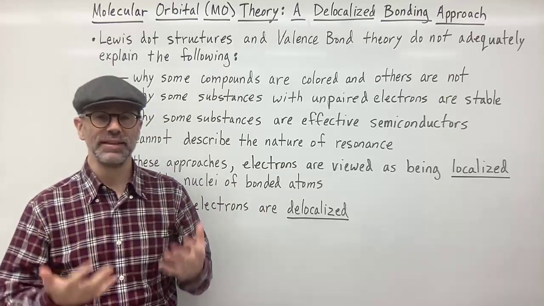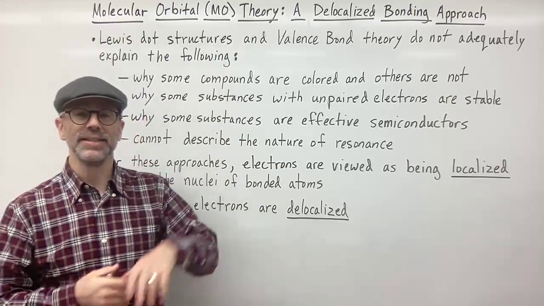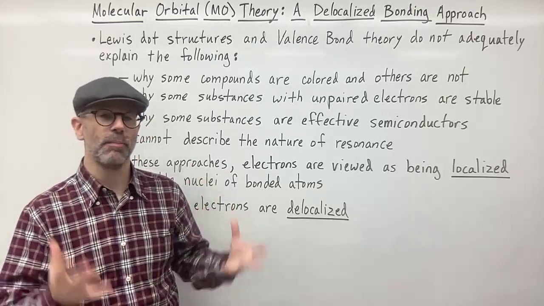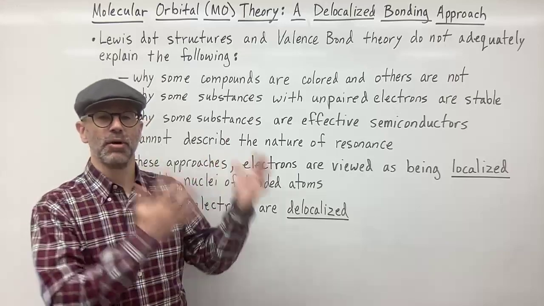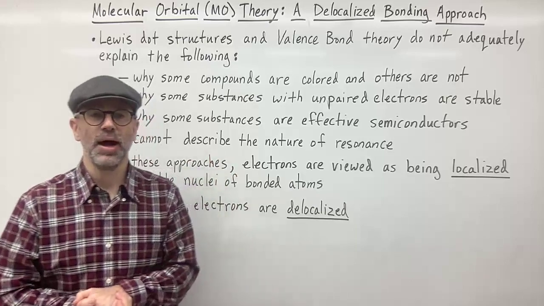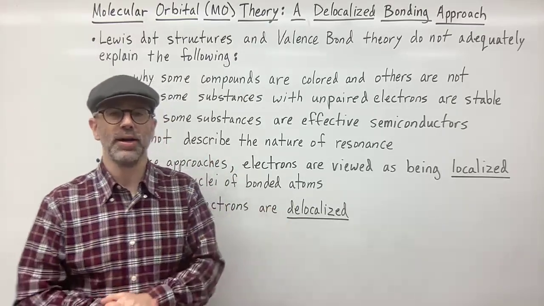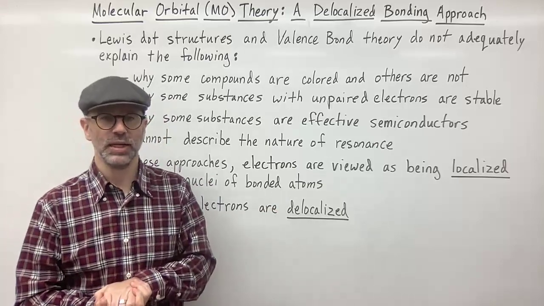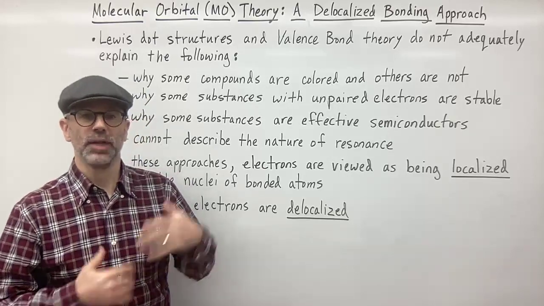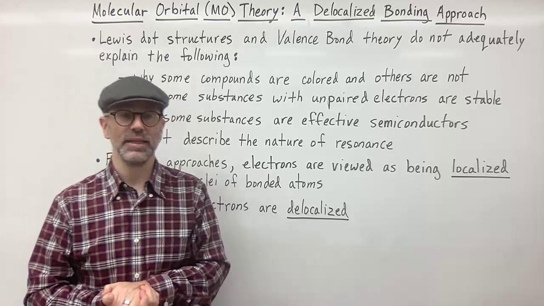We saw that with valence bond theory, where you can calculate the bond order by counting the number of bonds and dividing by the number of atoms, and then you can kind of get an average. That goes so far, but it's not as adequate as we need it to be. And so molecular orbital theory comes to the fore to try to explain these things, right?